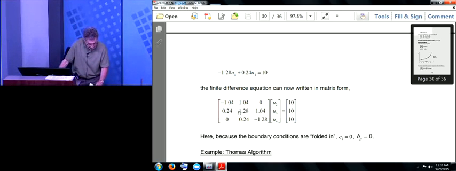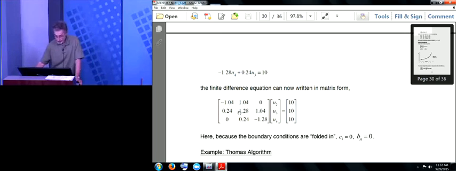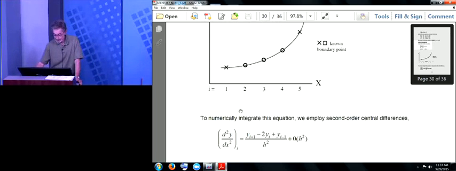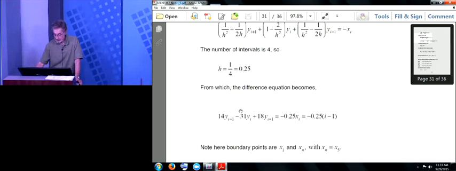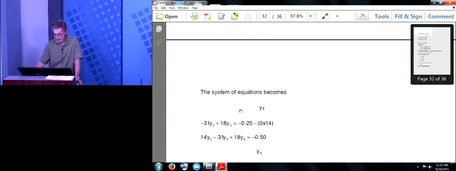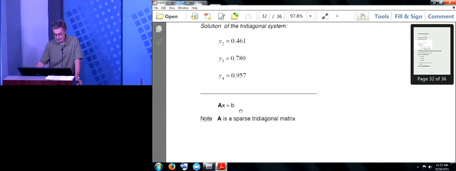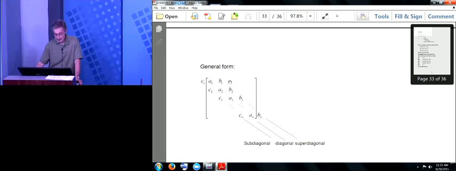And finally, to be consistent with my previous notes on page 33 and the subsequent pages, I changed the definition of the subdiagonal and superdiagonal. So these should be B's and these should be C's, which are such in my notes now.